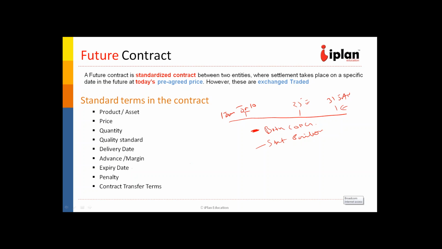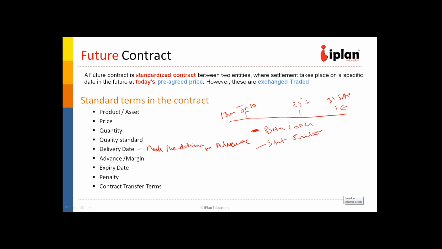But in case of commodities, in most of the exchanges, you have to mark the delivery in advance. Now that is specified by the exchange in the contract specifications.